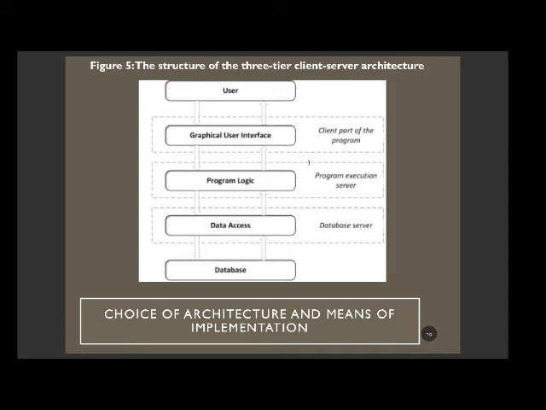This type of software architecture consists of three main parts: the client component of the program, which usually implements the graphical user interface and transmits requests to the application server using the types of data that it can process; a program execution server that implements business logic and sends requests to the third-tier server, such as an external API or a remote database server, to retrieve additional data from it.